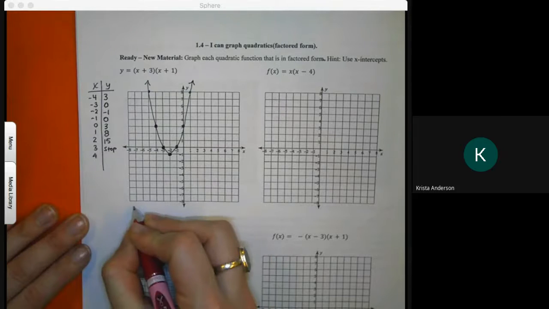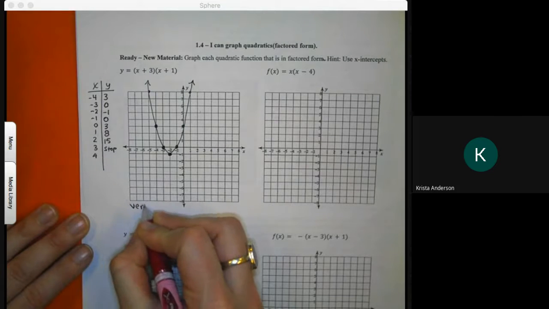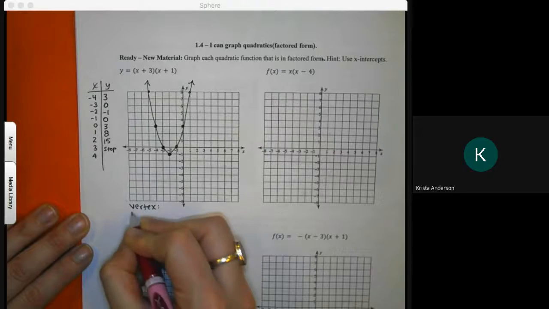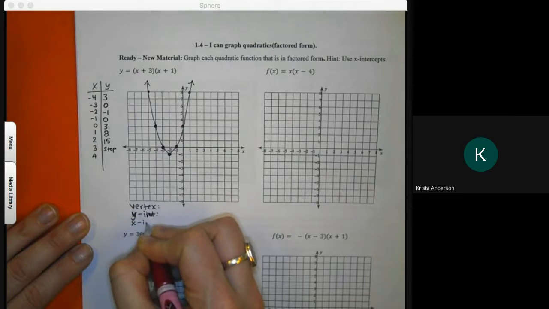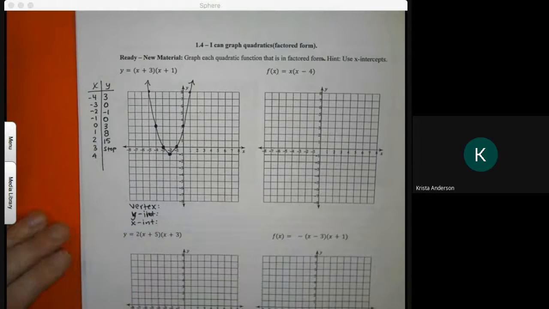It will ask you for the vertex, the y-intercept, and the x-intercept. You may pull it from the table, or you may pull it from the graph and even the equation if you see the pattern.